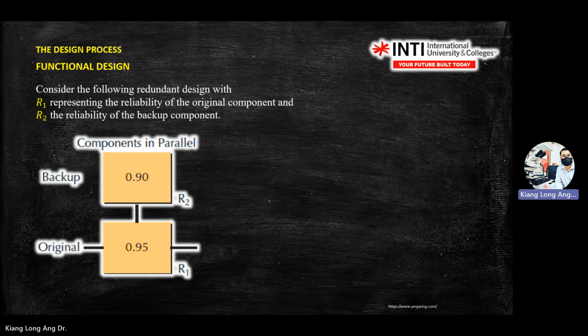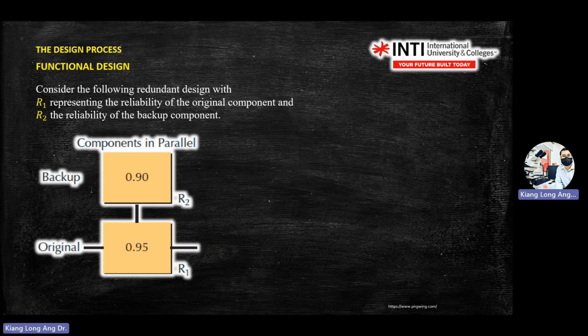Okay, before we go for a break, another one. Just now we had series, right? Now we introduce the redundant procedure. Redundant procedure means you put a backup on top of that part. For example, the brakes, but you have a backup brake to stop the car. So you have the original, but you put a backup.